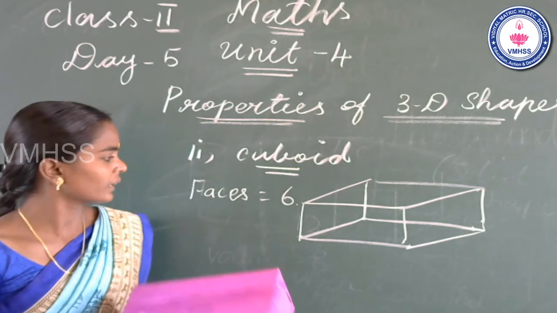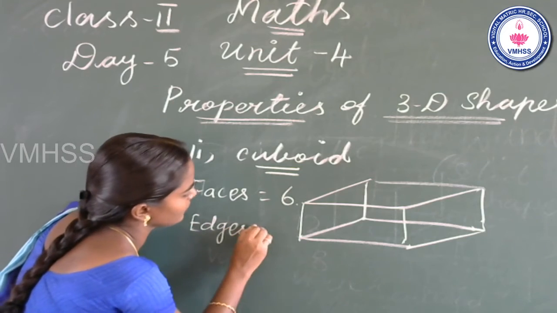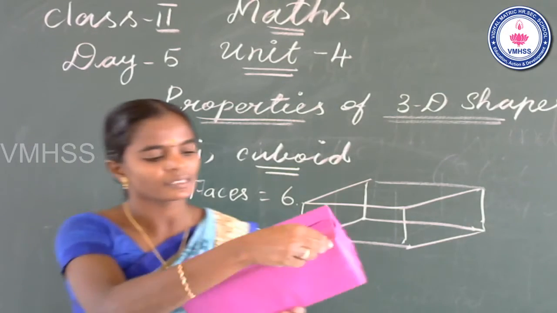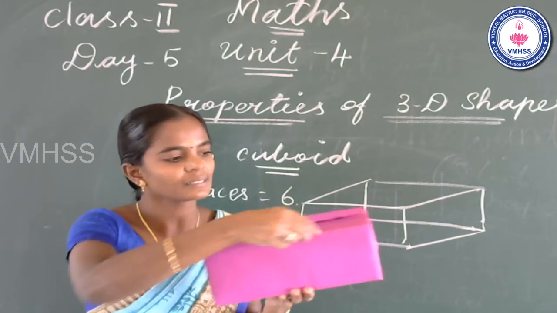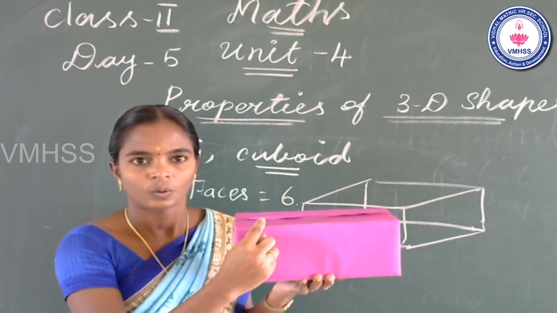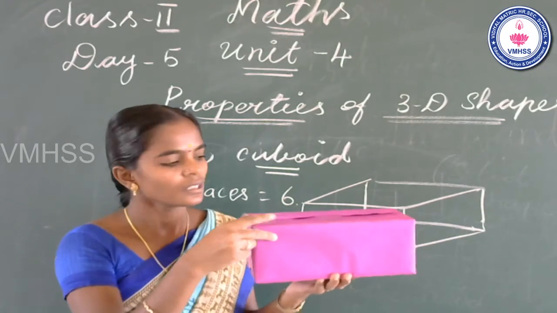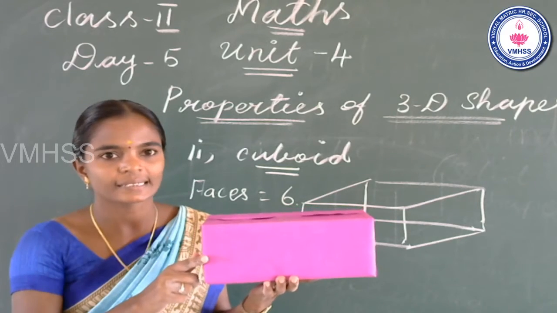Next we will count the number of edges. Children listen here. Edges is a sharp line. Where 2 faces meet is an edge. This is an edge. The sharp line is an edge. So now we will count the number of edges. Students listen carefully.